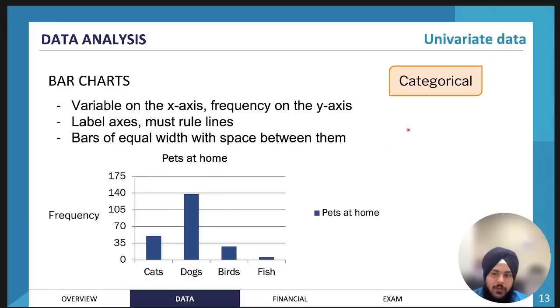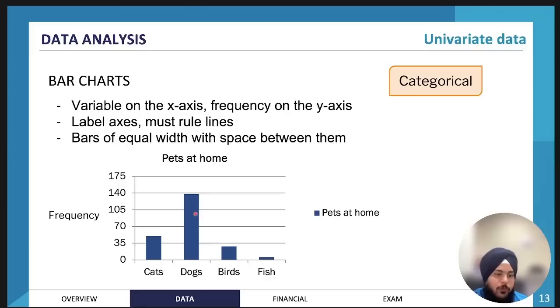We'll be looking at a different type of graph called a histogram, which looks like a bar chart, but there are no spaces. So it's really important to have spaces in between for bar charts. If we quickly look at this particular bar graph, it denotes the number of pets that people have at home.